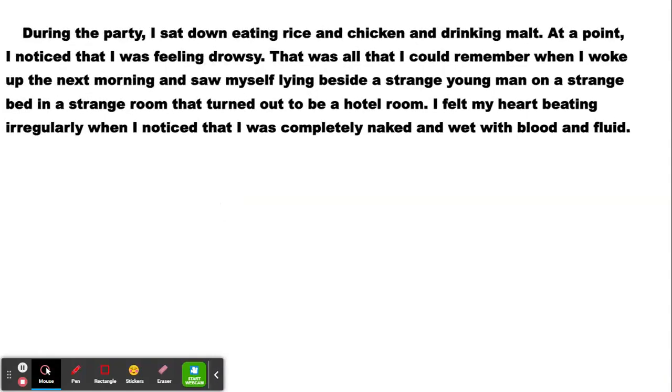Then the next paragraph. During the party, I sat down eating rice and chicken and drinking malt. At a point, I noticed that I was feeling drowsy. That was all that I could remember when I woke up the next morning and saw myself lying beside a strange young man in a strange bed in a strange room that turned out to be a hotel room. I felt my heart beating irregularly when I noticed that I was completely naked and wet with blood and fluid.